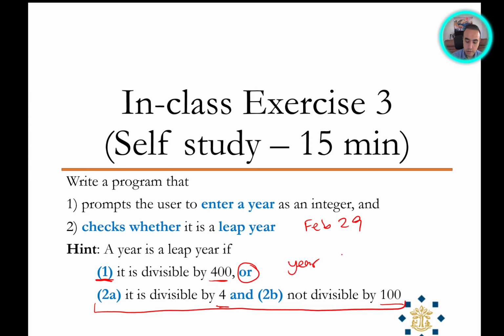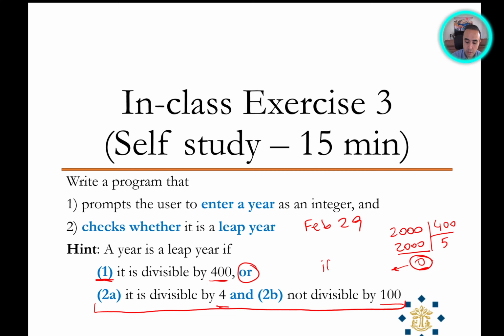For instance, if it is 800 or 2000, the remainder is 0. This is how we know divisibility by 400, by checking the remainder.